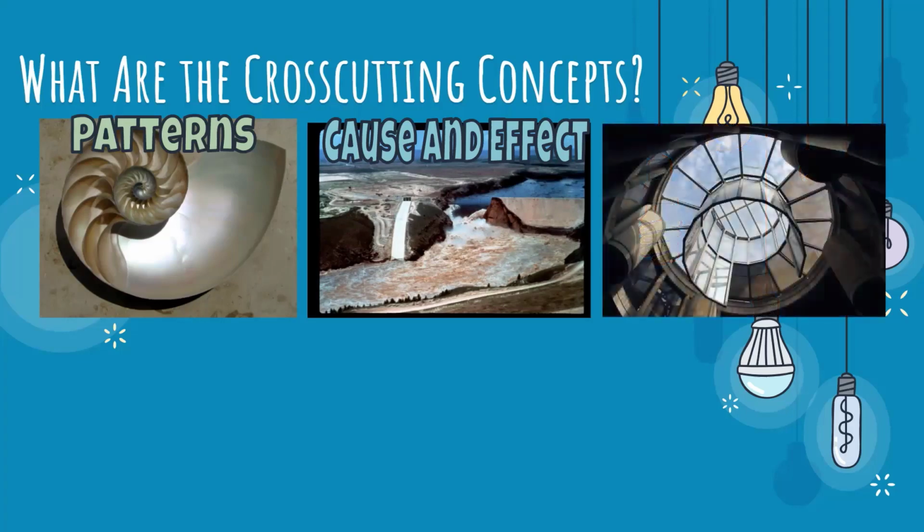And our third cross-cutting concept, okay, this is a building, and you'll notice that it has a certain structure. So this is structure and function. Structure and function is just about the way an object is, either in the natural world or the designed world, like the picture you see here.